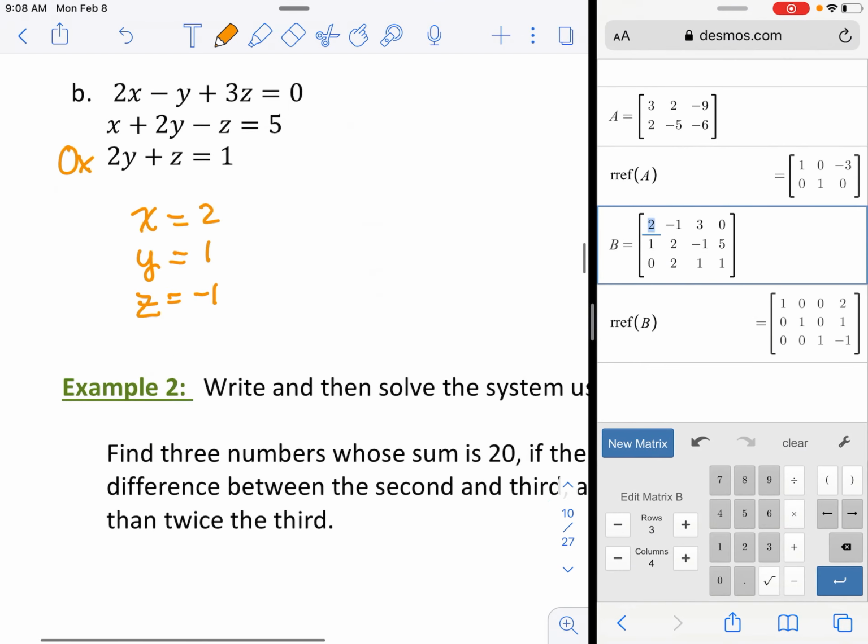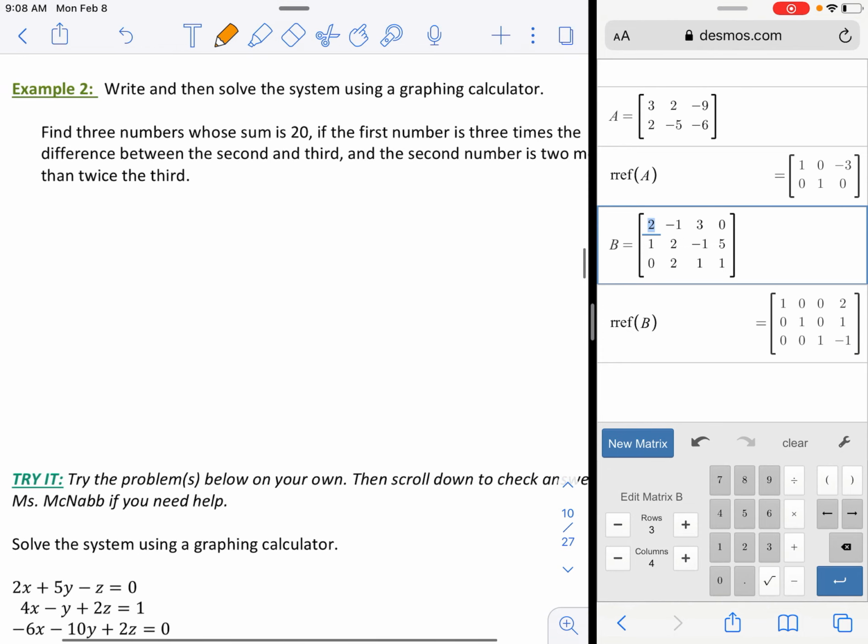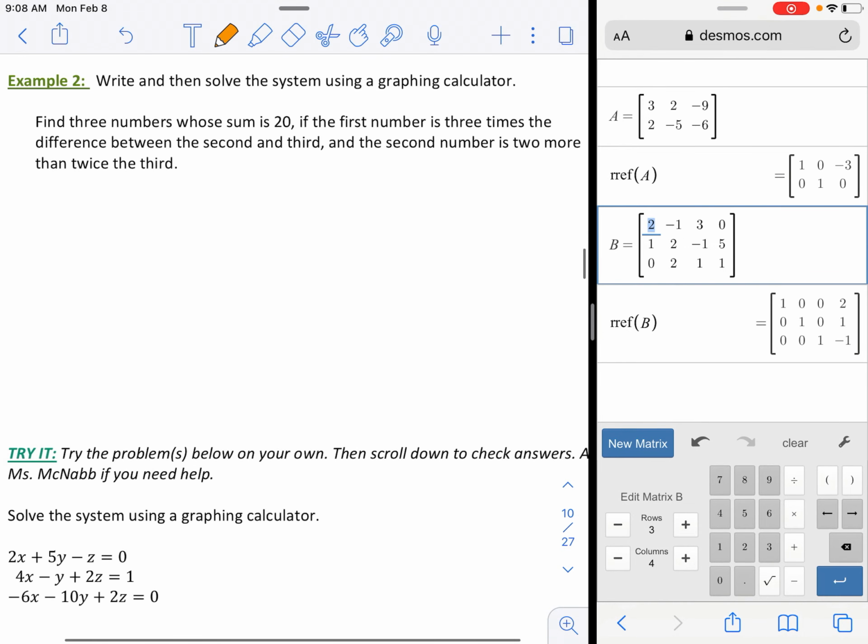Okay, let's take a look at this next one. I think we have to write and solve. We are trying to find 3 numbers whose sum is 20. The first number is 3 times the difference between the second and the third, and the second number is 2 more than twice the third. So let's call my numbers x, y, and z.